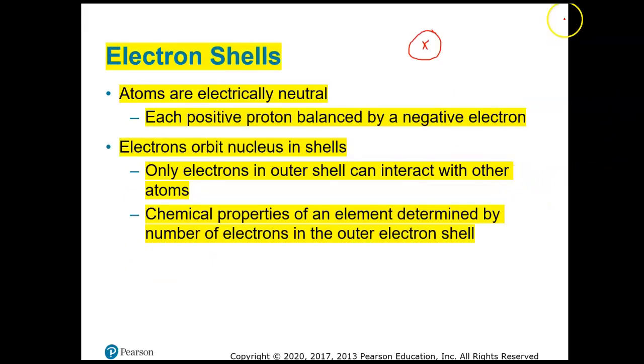But if you have more electrons, the extra electrons besides those first 2 will go in electron shells that are outside of the first one. So after the first electron shell, the ones after that are filled with 8. It takes 8 electrons to make that outer shell completely full.